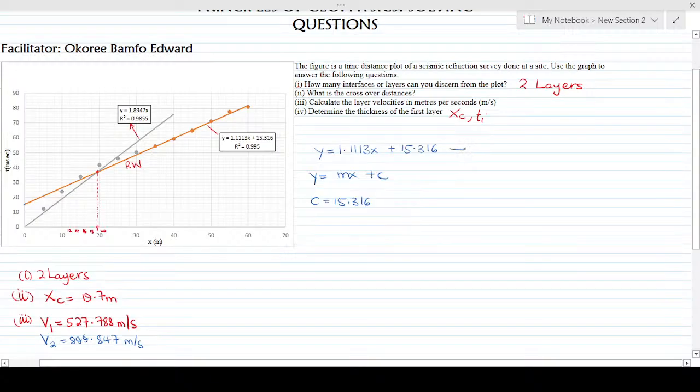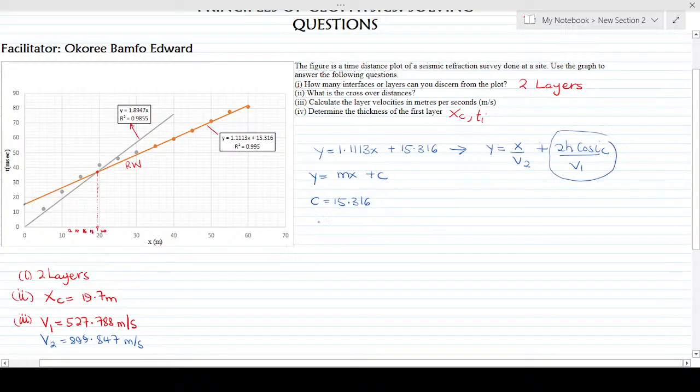Now comparing this also to the equation y is equal to x over v2 plus 2h cos ic over v1, I can see that this is our y-intercept.